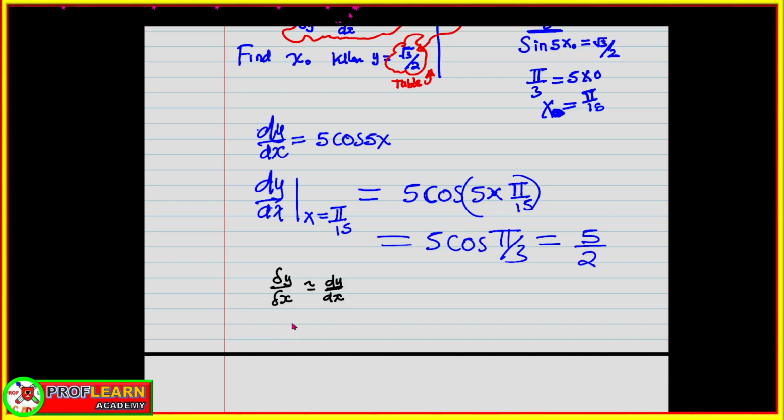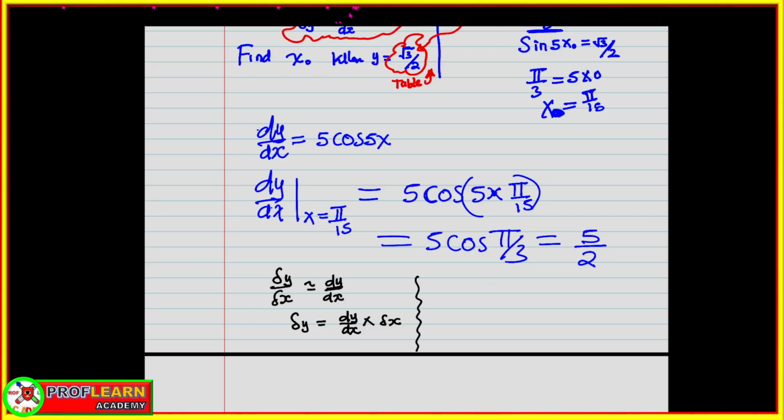So that is going to imply that the small change in y is equal to dy/dx times the small change in x. Do we really know the small change in x? That is exactly what we are trying to look for.